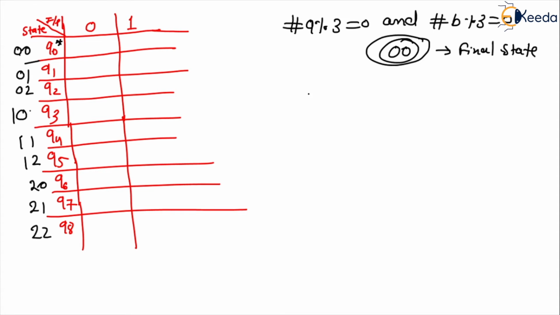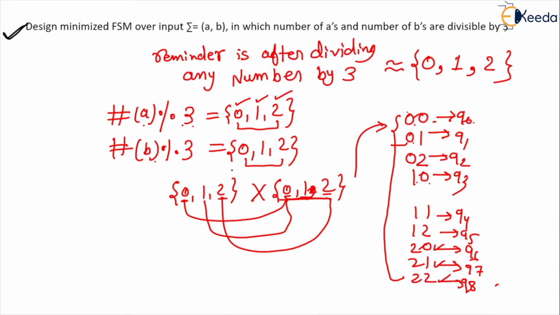If the number of A and number of B both are 0, the string is null, a string of length 0. We can represent null by lambda. In this string there is not any A, there is not any B, so the number of A and number of B are 0. That means this string is accepted by our finite state machine.